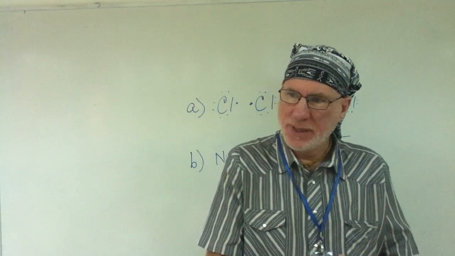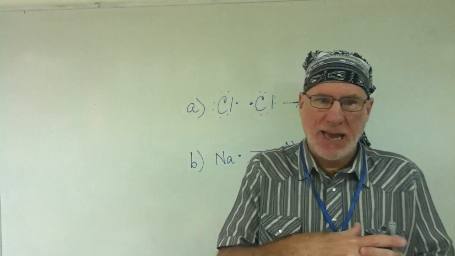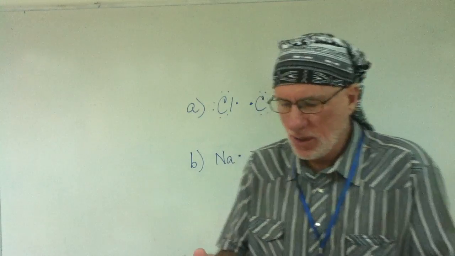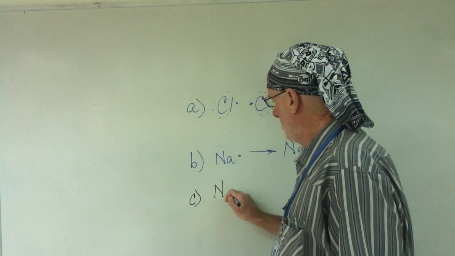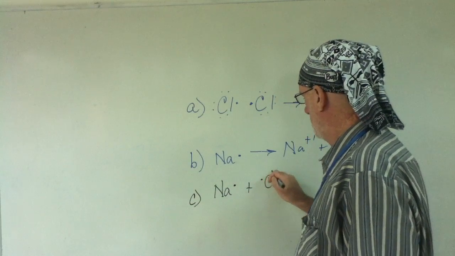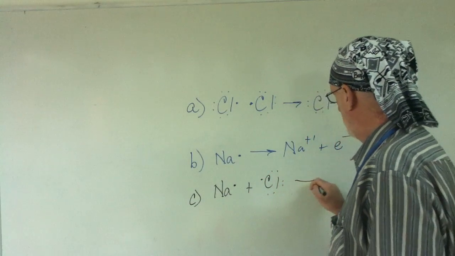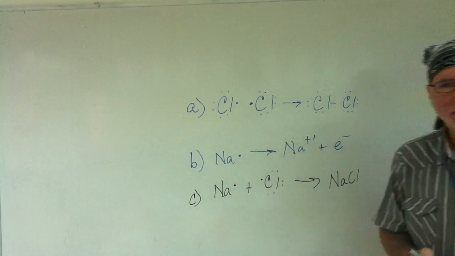And then sodium will become positively charged, right? But we're not talking about a situation. You know what? Let's write that down. Let's go like this. Let's do that as well, okay?